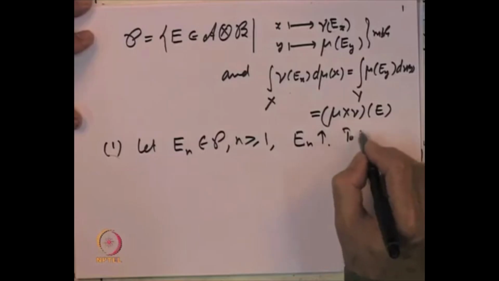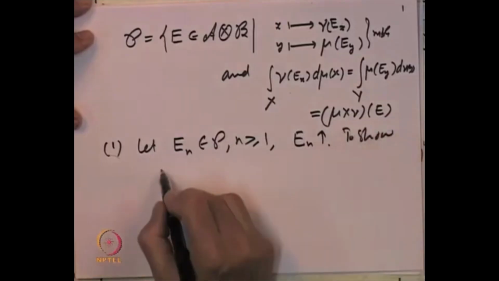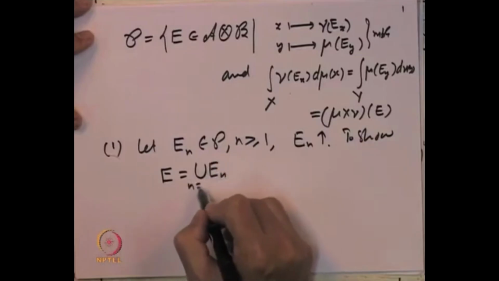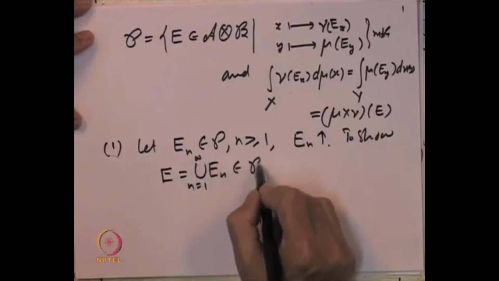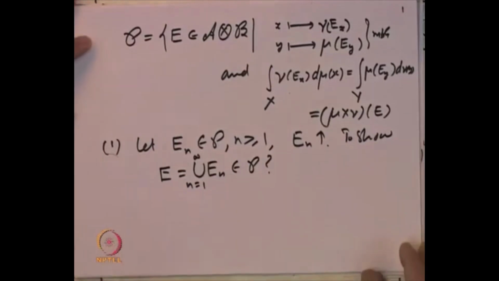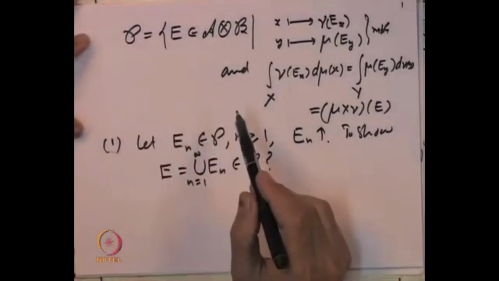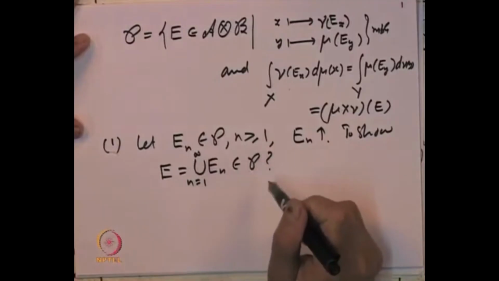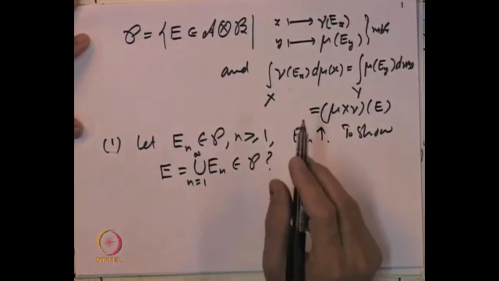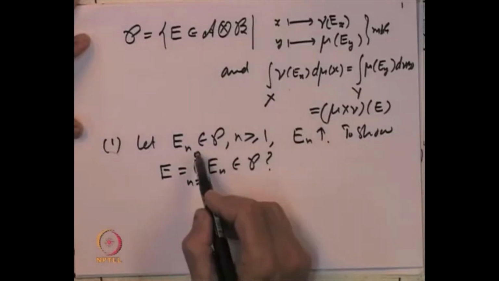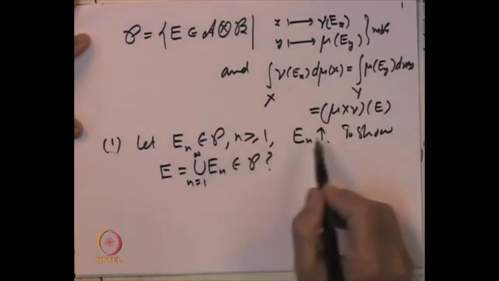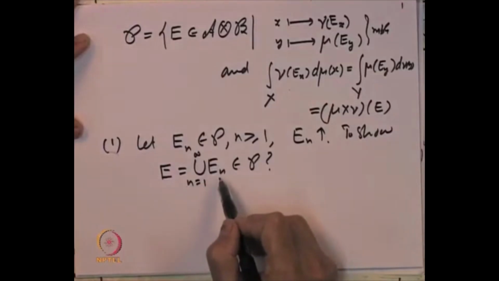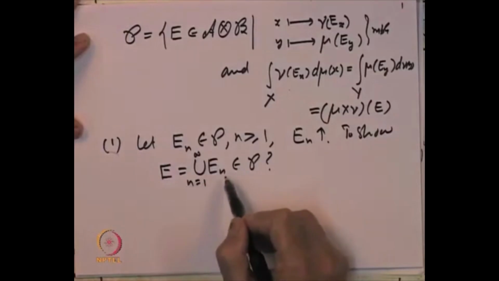We have to show that the set E, which is equal to the union of the E_n's, also belongs to P. To show that P is a monotone class, we have to show it is closed under increasing unions and decreasing intersections. So, those are the two properties we have to check. So, let us take a sequence E_n in P, which is increasing, and let us say E is the union of these E_n's. So, the claim is that E belongs to P.